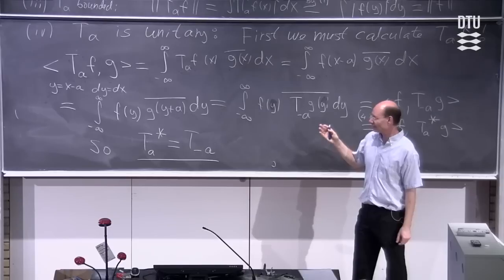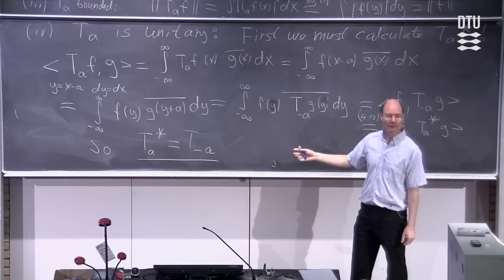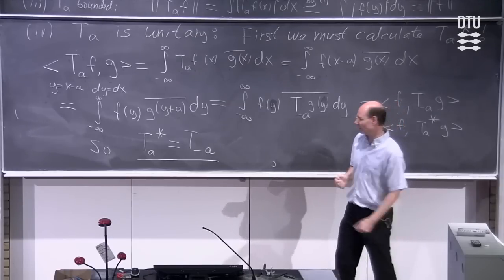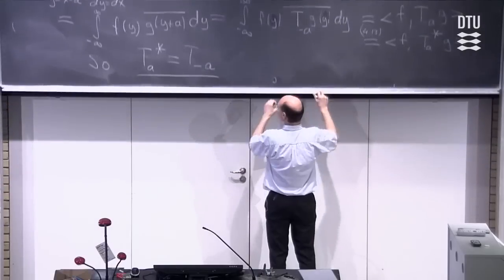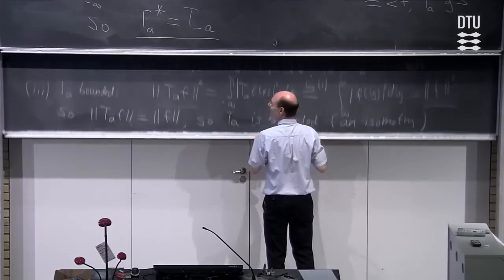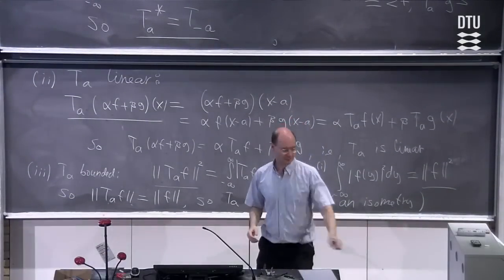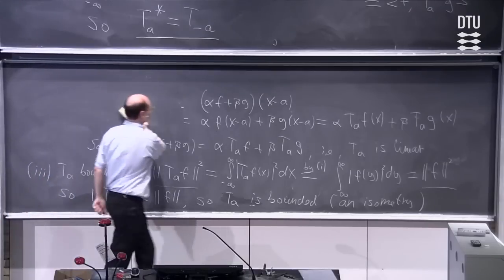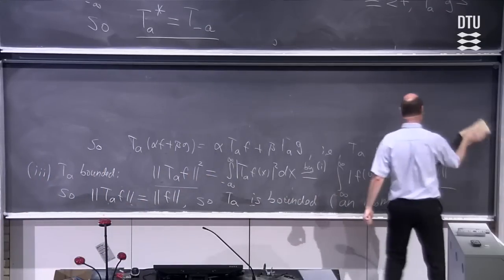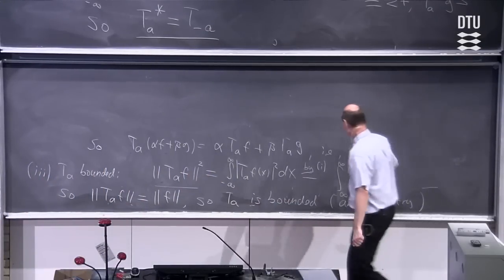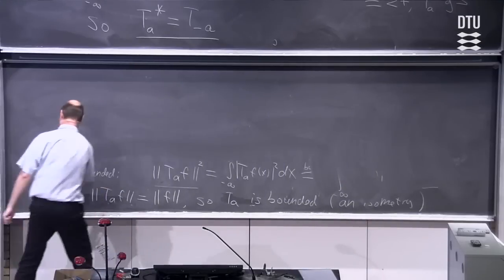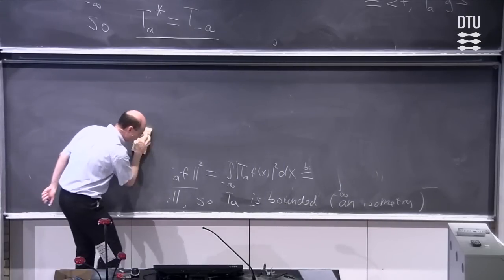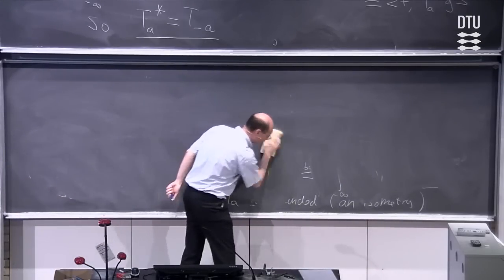We have calculated the adjoint operator now, but we want to show that our operator is unitary. So I would actually like to know how you think about that.